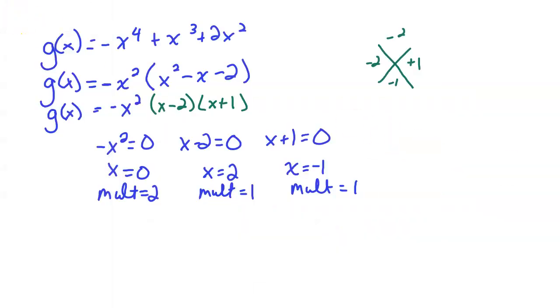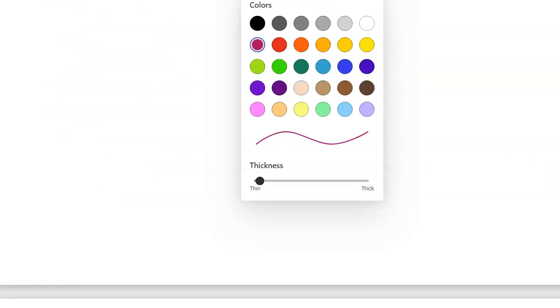And so when we look at multiplicity, we look at the fact that the multiplicity itself is even or odd. Not the zero, but the multiplicity. In other words, how many times does that zero occur? So if the multiplicity is even, it is going to touch the graph and go back down or go back up.